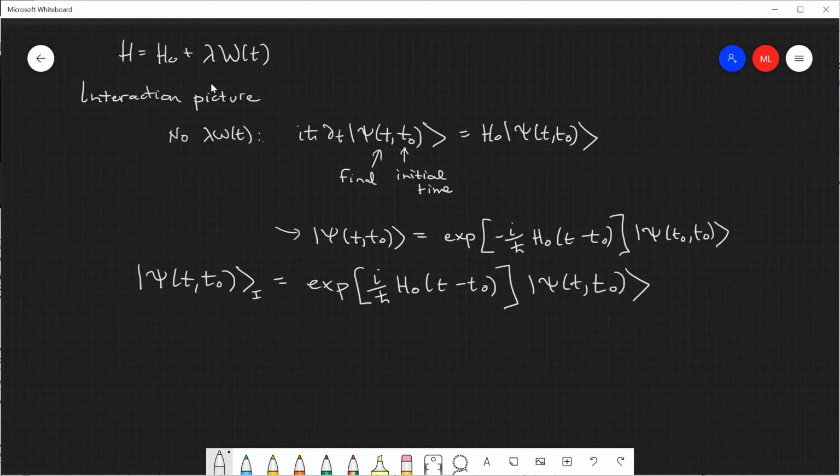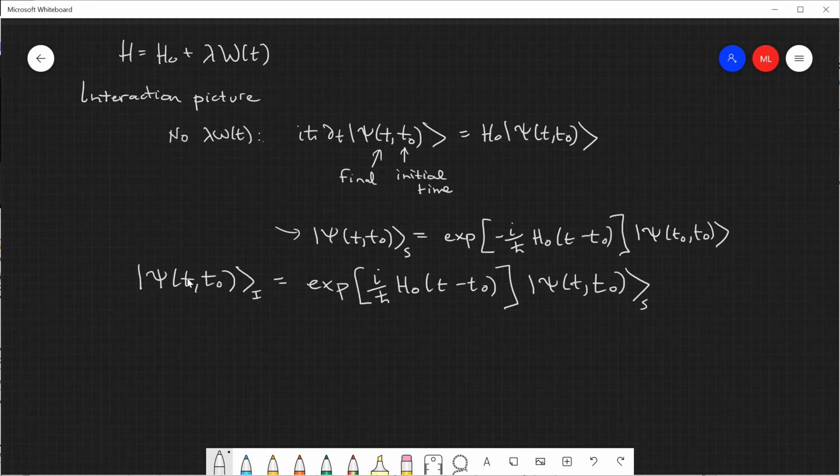So if we think about this, what is this? If there's no perturbation, then what would this do? We take this state at t naught in the Schrodinger picture, so I can put an S here. If I stick this expression into here, the two exponentials will cancel, and this interaction picture state will be completely stationary. It'll just be the initial condition. It won't evolve in time at all.